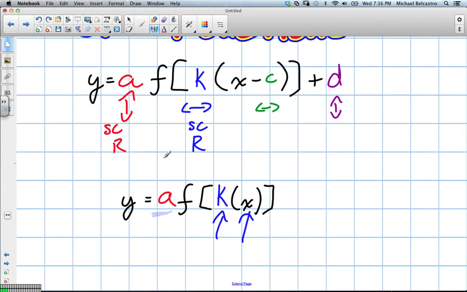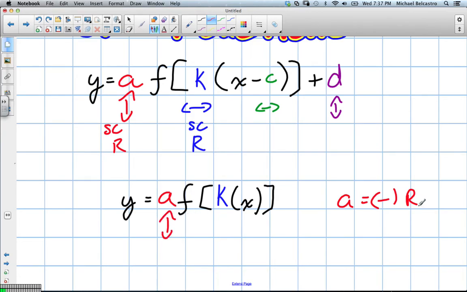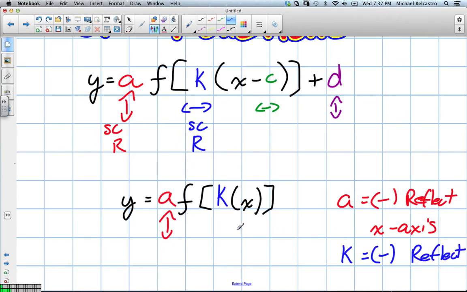Now, if A is negative, we reflect, remember because it's up and down, on the x-axis. And if K is negative, we reflect, because it's left and right, on the y-axis.